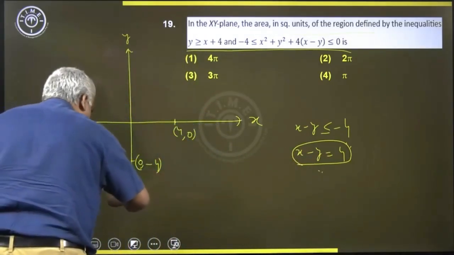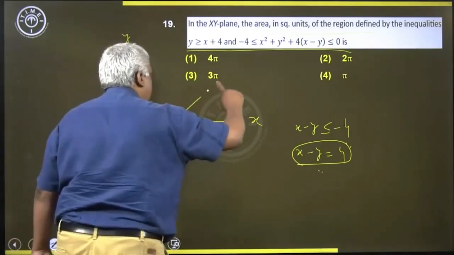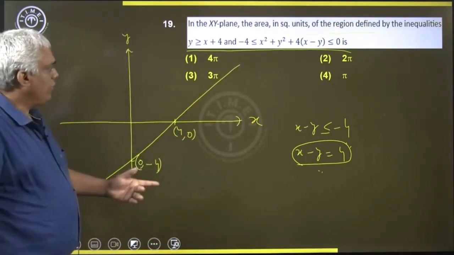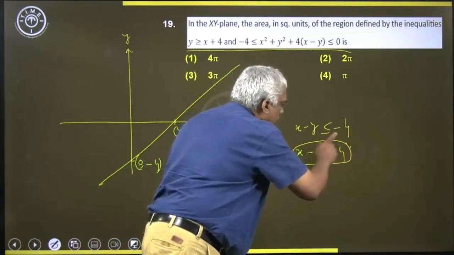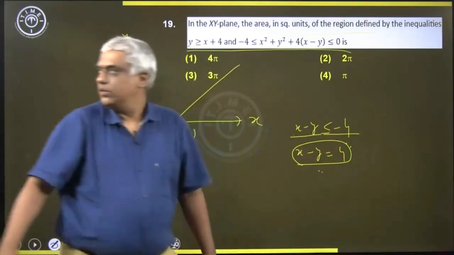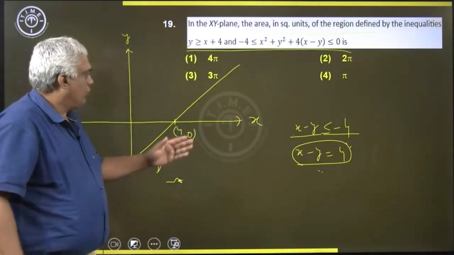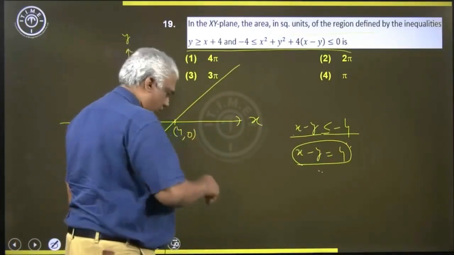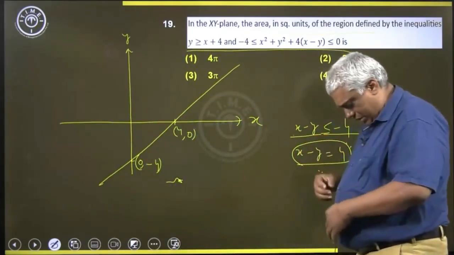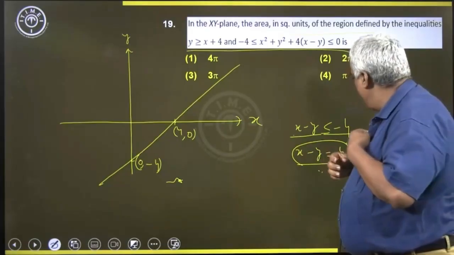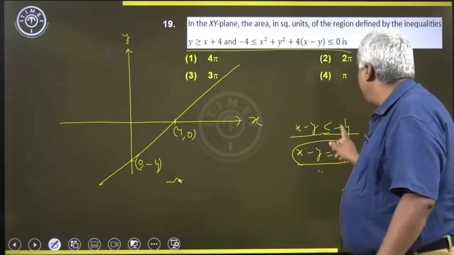So this line is like this. But we got an inequation, right? We have to plot this. Now you see, this is equal to 4. We have to plot less than equal to minus 4, right?